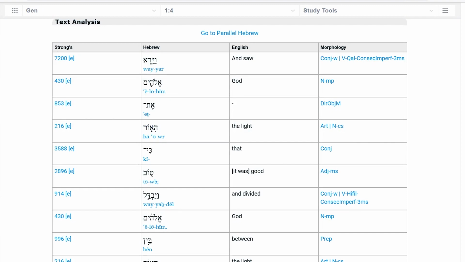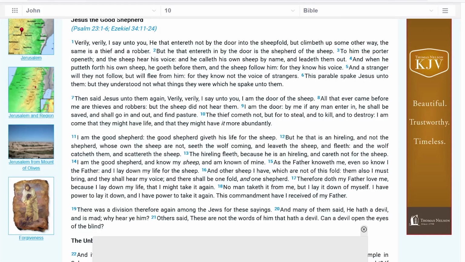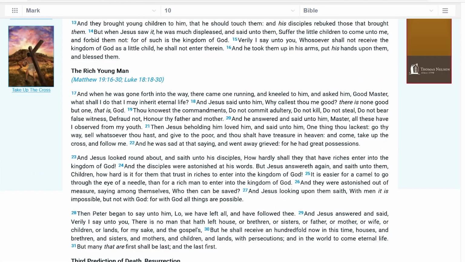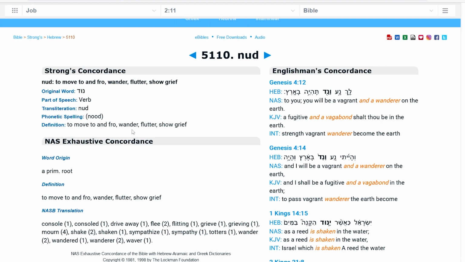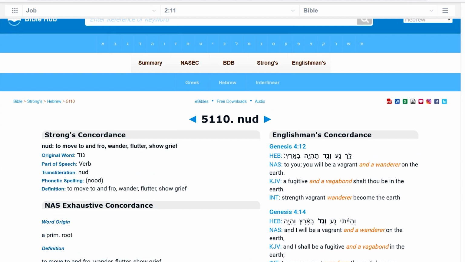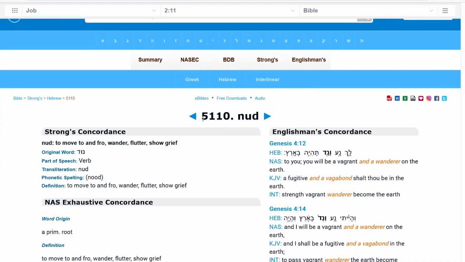Okay, let's go. Where are we at? I already lost my place. Sorry, hold on one second. Okay, so to move to and fro. And the one that does that is Satan. He goes to and fro. And you're like, what? And look, another side note. Man, God's been showing me 5:11 everywhere, and I found it. He's showing me.